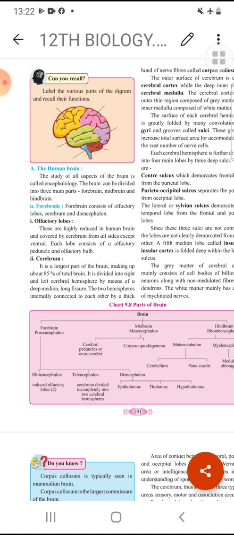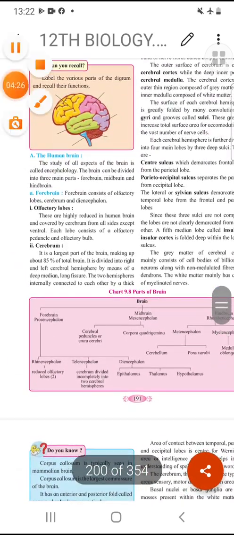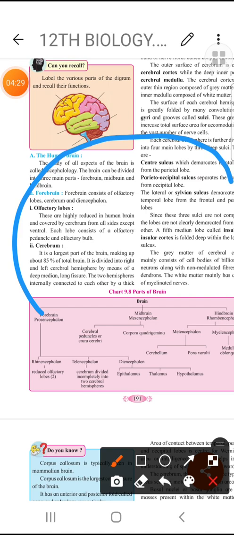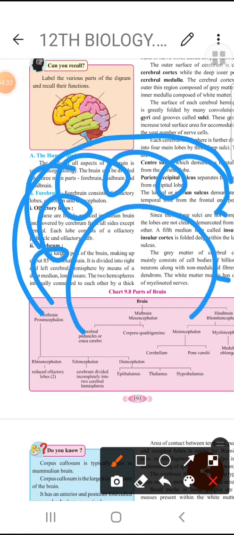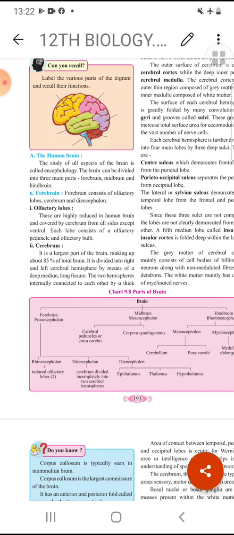Rhinencephalon जिसको हम बोलते हैं olfactory lobes, and the second one is the cerebrum, telencephalon. telen इसलिए बोलते हैं क्योंकि वो extreme में, अब मैं अगर diagram बनाऊंगी तो बाहर है cerebrum, जो बाहर region है, curves के साथ. हमारे brain में curves हैं ऐसे, right?